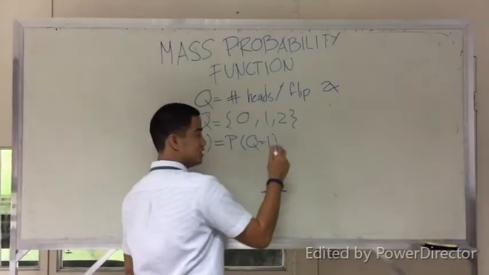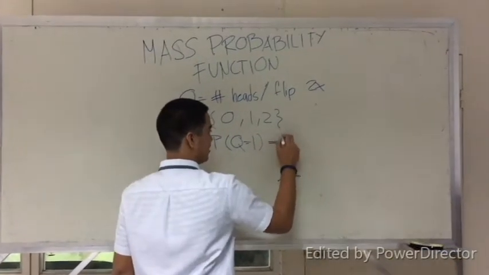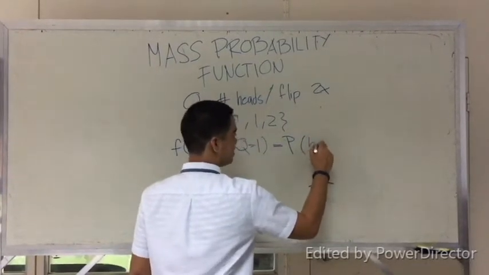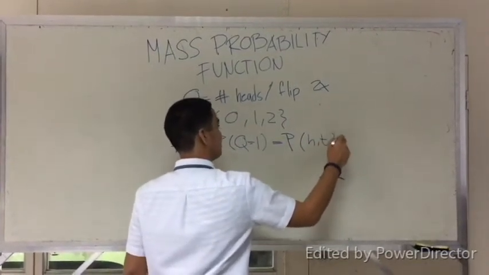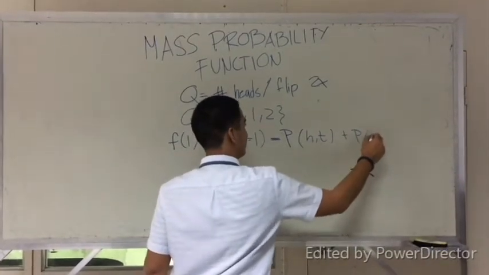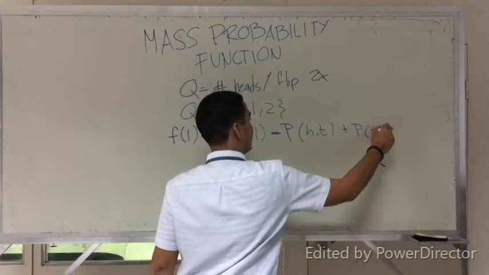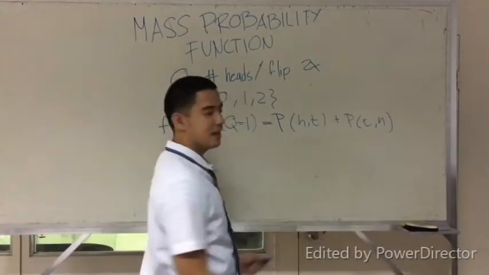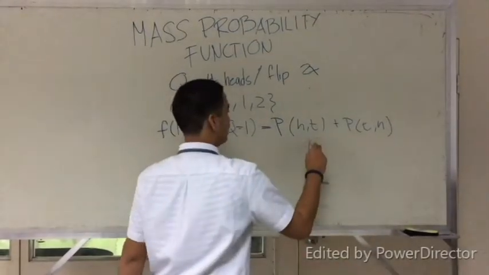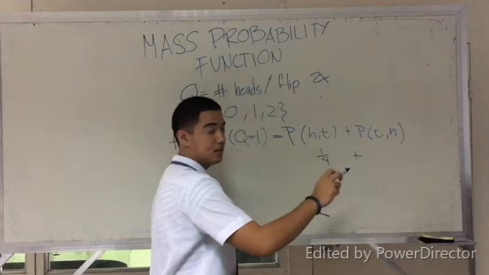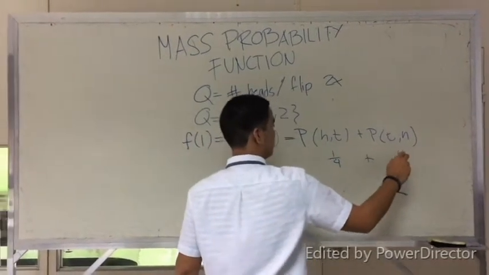And this is the probability of having heads then tails plus the probability of having tails then heads. The probability of having heads then tails is 1/4, plus the probability of having tails then heads, which is also 1/4.